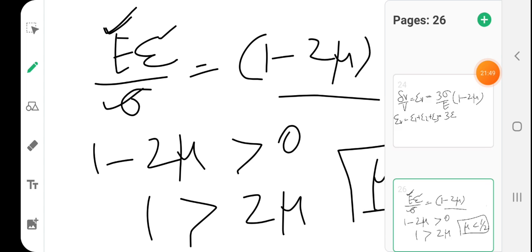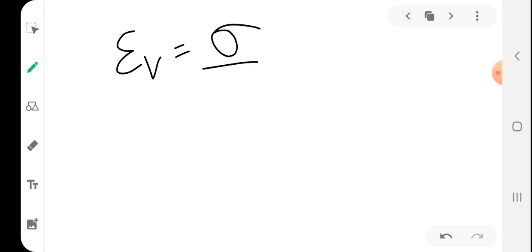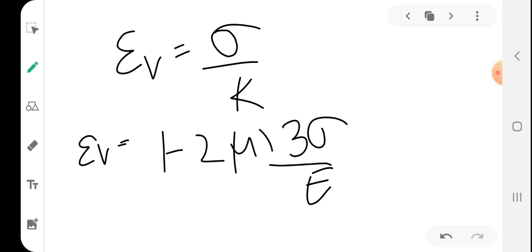Students, we have already discussed in the previous class that epsilon v is equal to sigma by k, where k is bulk modulus, right? But epsilon v in case of equal pressure or hydrostatic pressure is nothing but 1 minus 2 mu into 3 sigma by E, right?